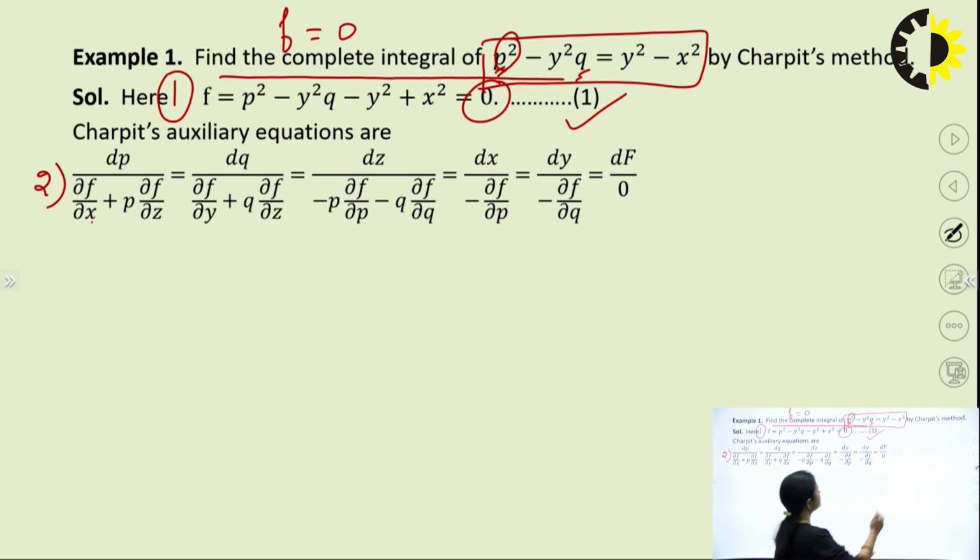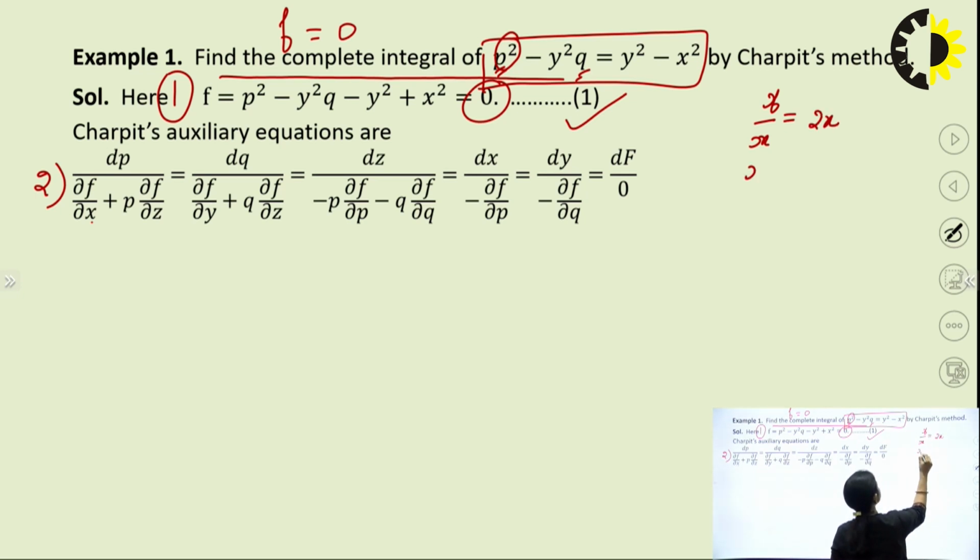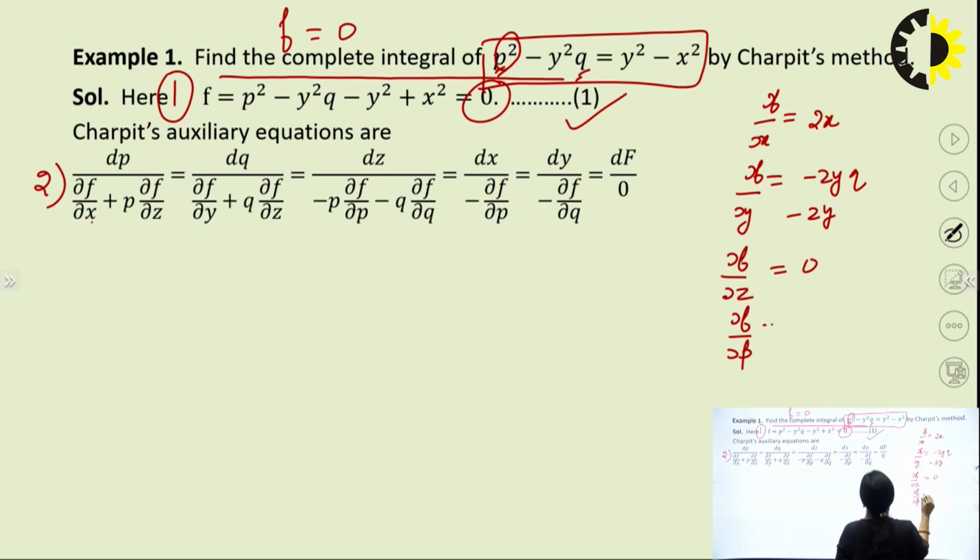So let us find them. First of all, del f/del x will be equal to 2x. Del f/del y will be equal to minus 2y cubed minus 2y. Del f/del z will be 0. Del f/del p will be equal to 2p.